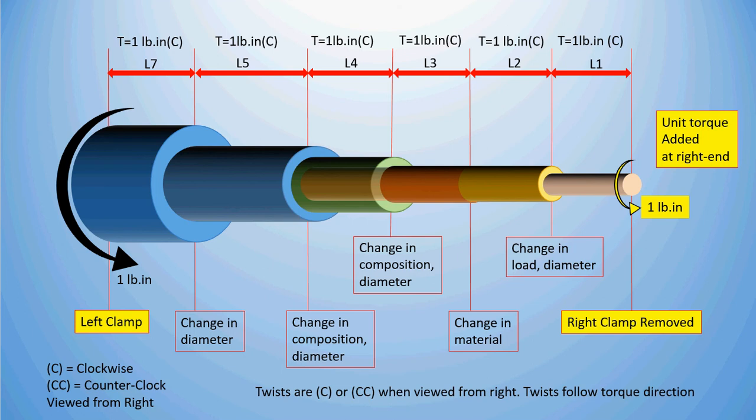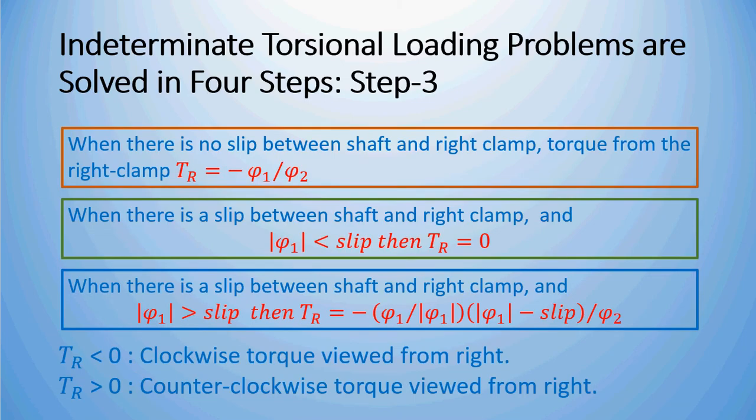Once you have this net twist, then you can calculate what the reaction in the right clamp is in the actual problem. Now, there are two different cases possible here. The first case, which is the most simple, is where the right clamp has no amount of allowed slip or misalignment in it.